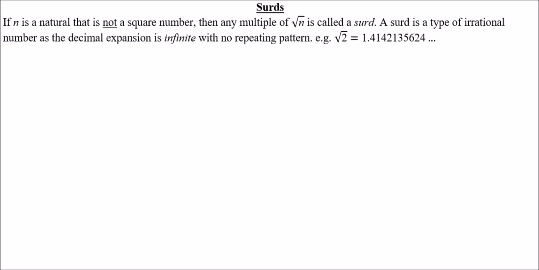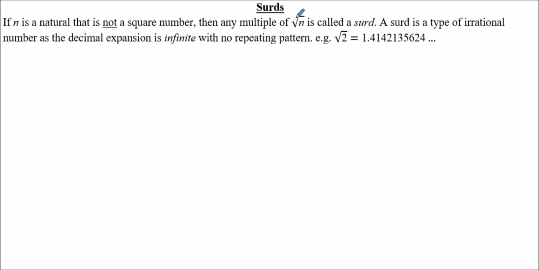A surd is essentially a type of irrational number because the decimal expansion of it is infinite with no repeating pattern. The most common example of an irrational number is pi. A common example of a surd is root 2. So root 2 is a surd, as is root 3, and so on.